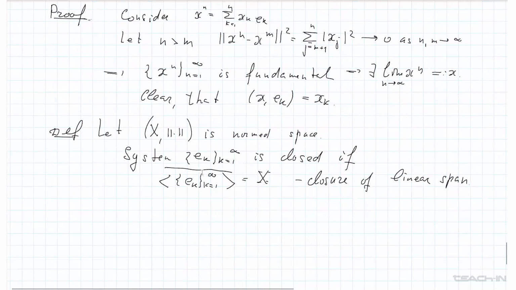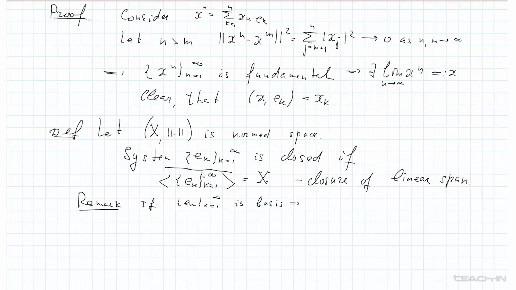What is the difference between a closed system and a basis? Remark. Again, by default, if I say basis, I mean only Schauder basis. If e_k is a basis, then of course e_k is closed.